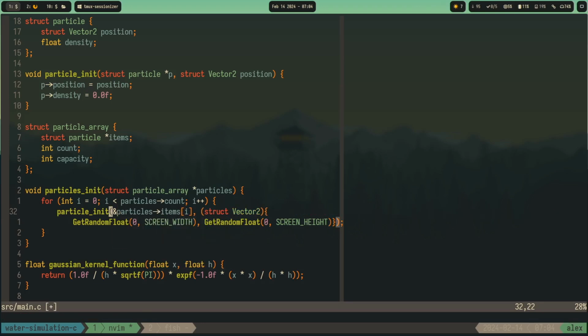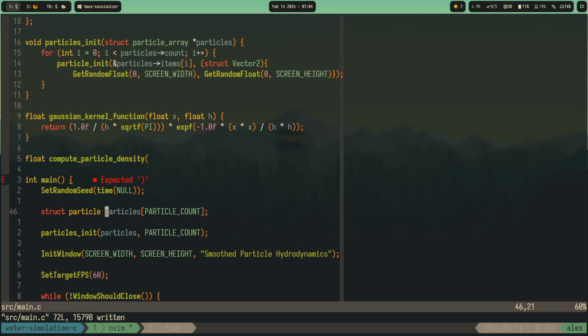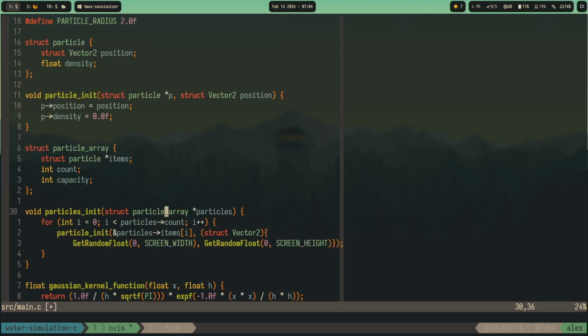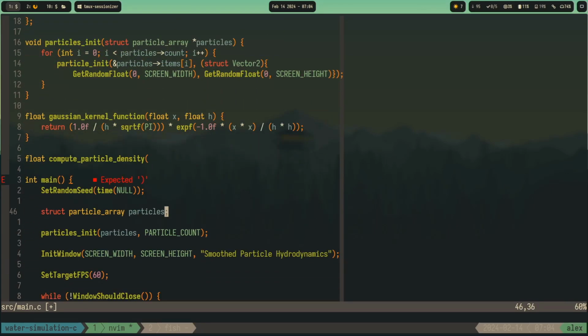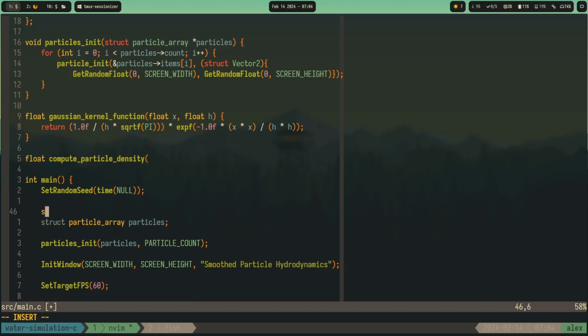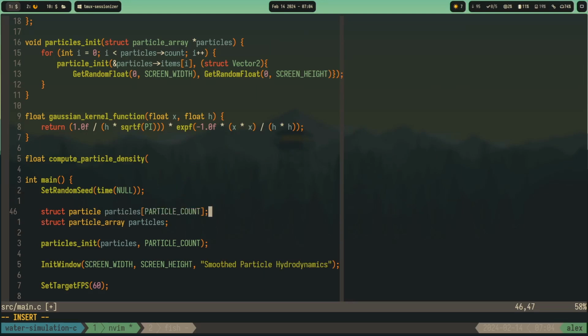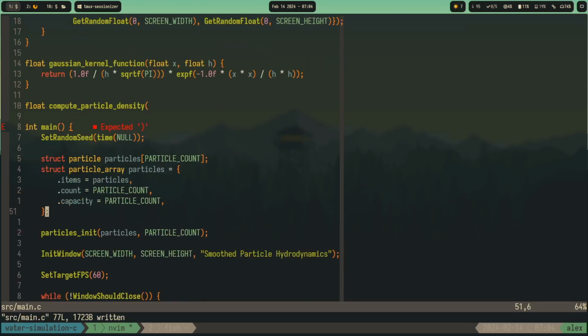Yeah. So particle array, struct particle, okay, like this. So this thing we can actually initialize anyway.